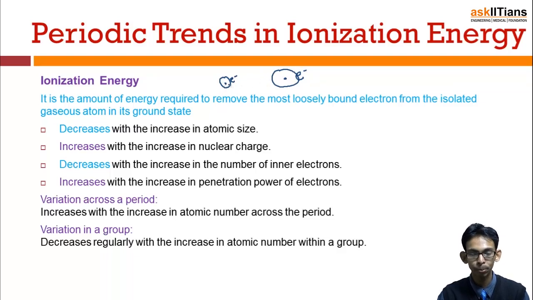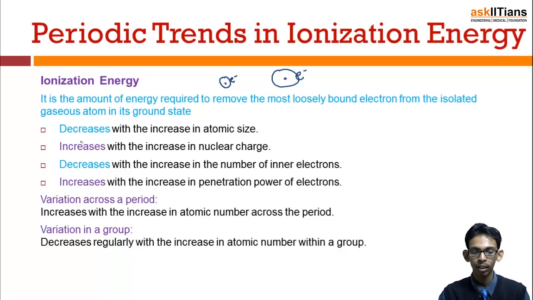Because here the size is small and the effect of nuclear force is high, because of which this electron is strongly bound to the nucleus and it will require a large amount of energy to remove it. In this case, the energy required to remove this electron will be slightly less because of the larger size and less effect of nuclear force. So as the size increases, ionization energy decreases.